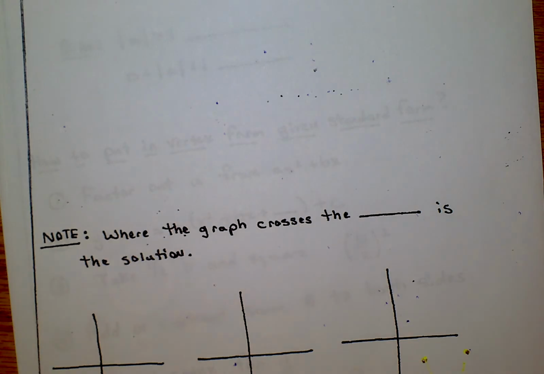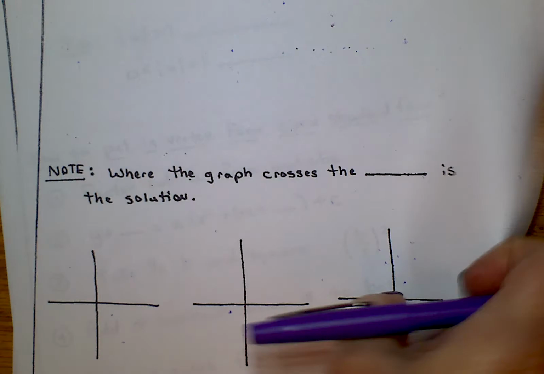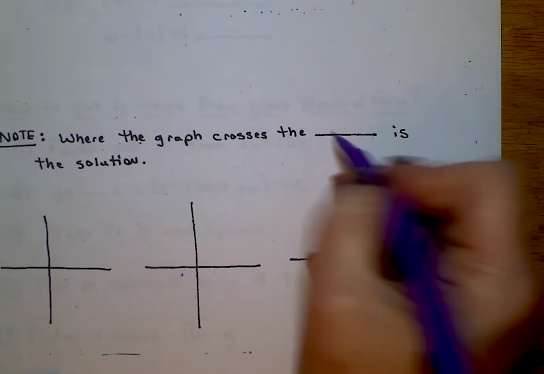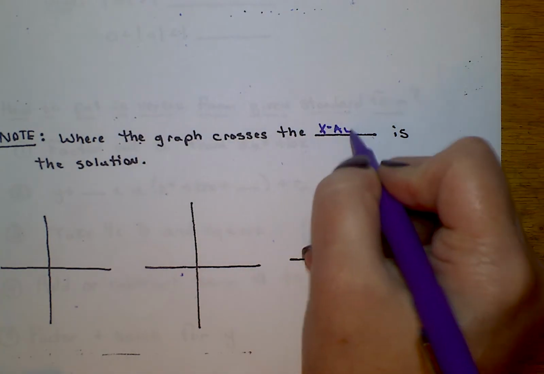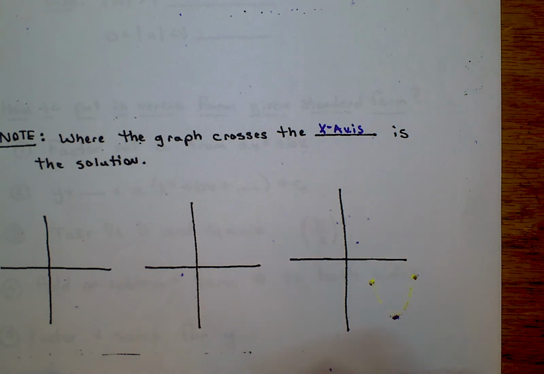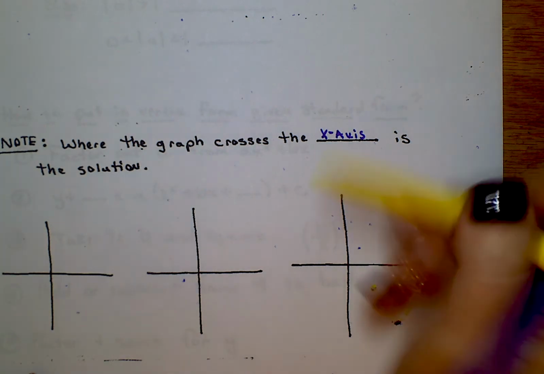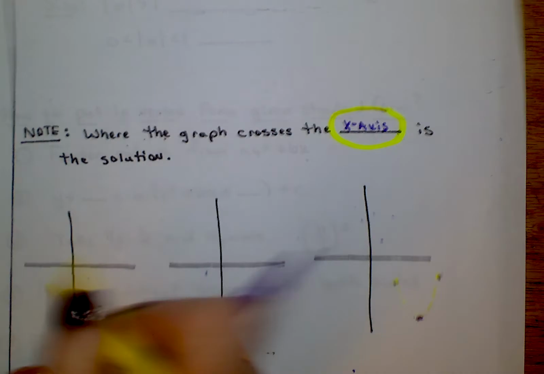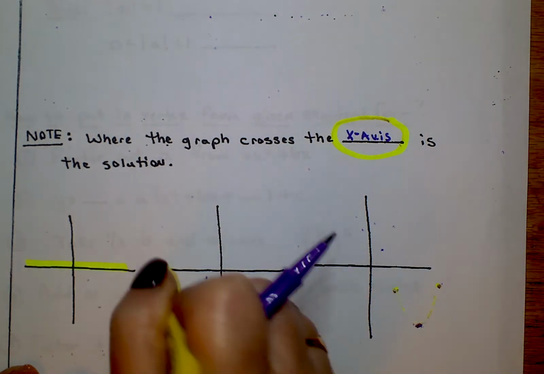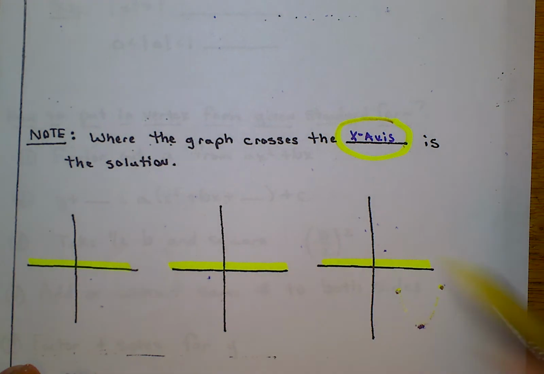Okay, before we look at this example, let's go to one more note here on this second page. Where the graph crosses the x-axis is the solution. Now, when you look at an x-axis, remember it's going to be this horizontal axis.